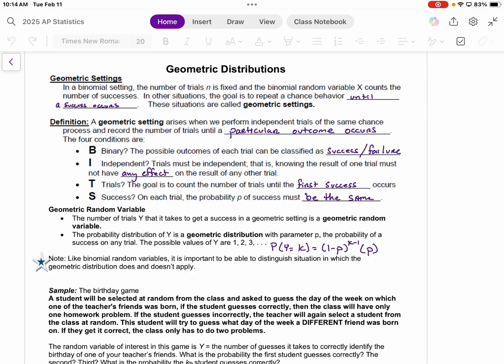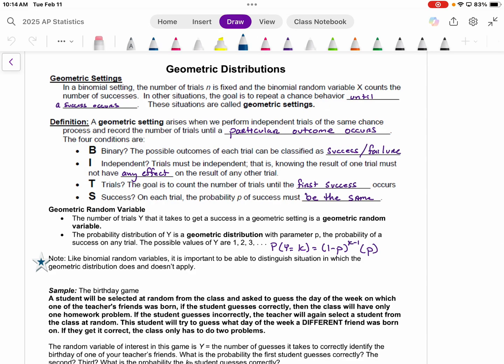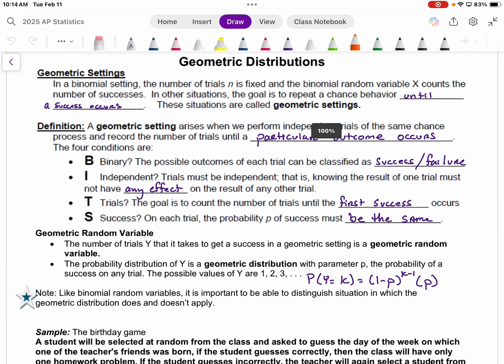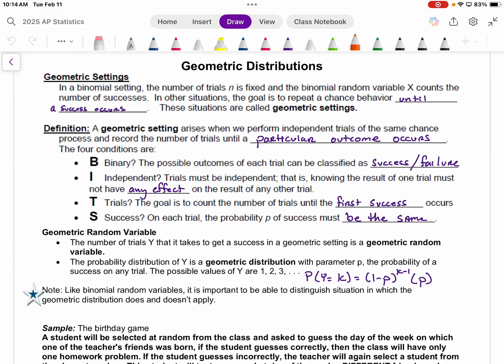So when we look at the difference between a binomial and a geometric, in a binomial random variable, we're just trying to figure out, in some chance process, what's the probability of 5 successes in 10 attempts, or 6 successes in 10 attempts, or greater than 4 successes in 10 attempts.